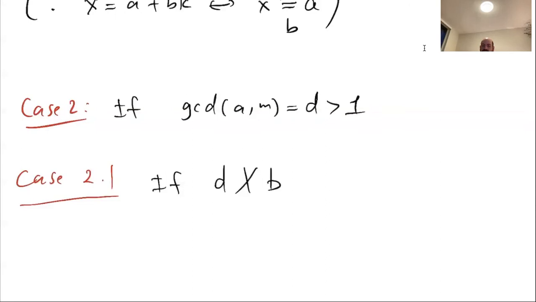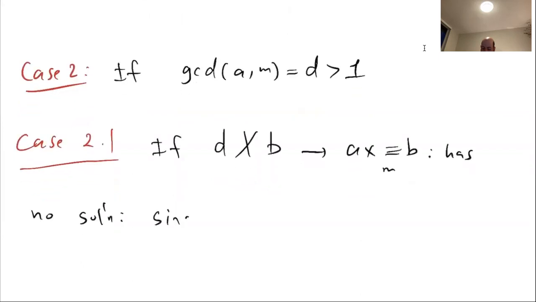if D is not a factor of B, then in this case, we can say that AX equals B mod M has no solution. Why?